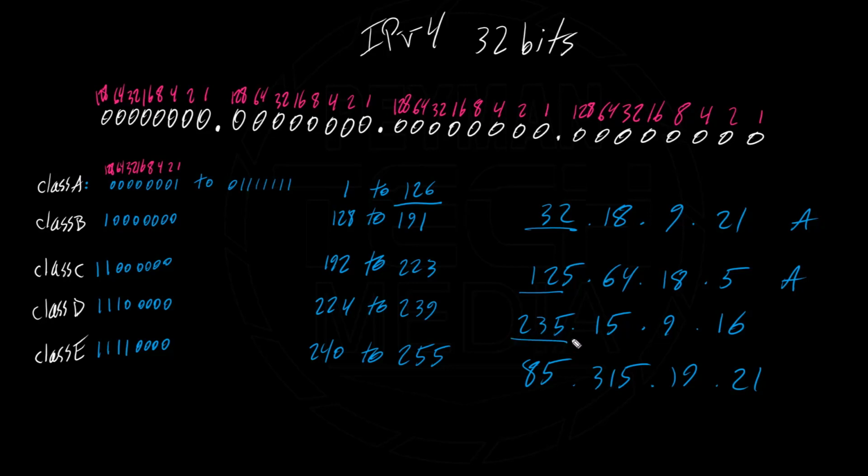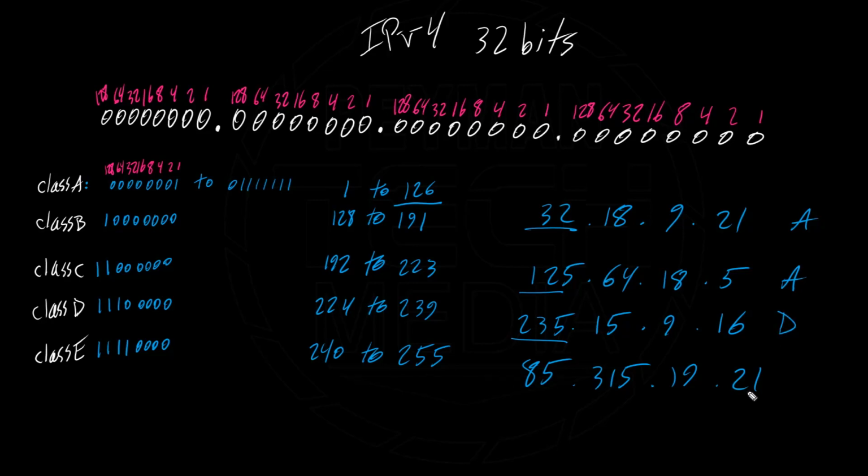The first octet is 235. So 235 falls into the class D range, because class D goes from 224 to 239. Therefore, this IP address falls into class D.